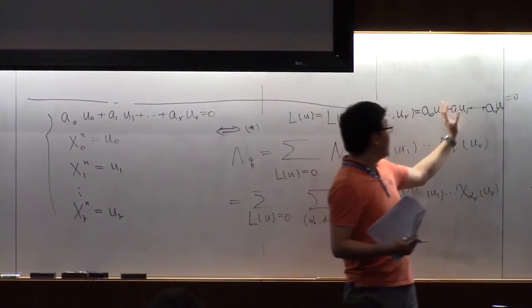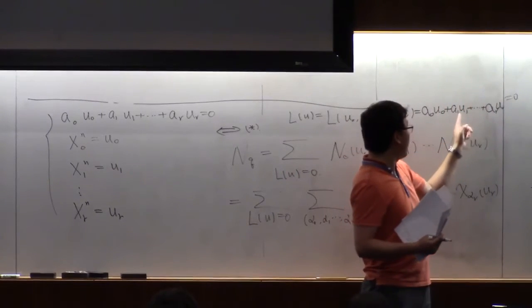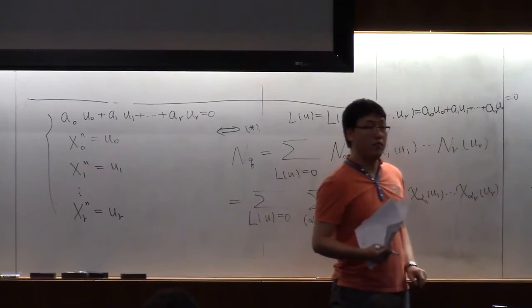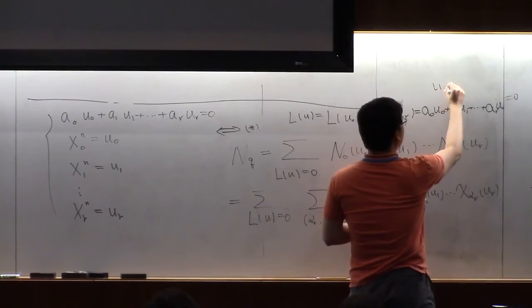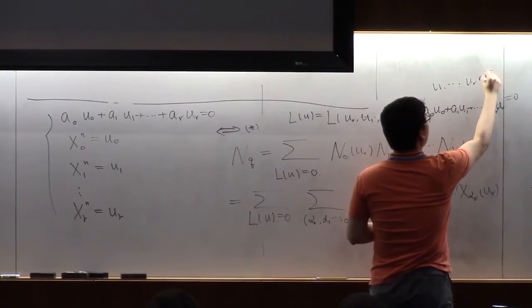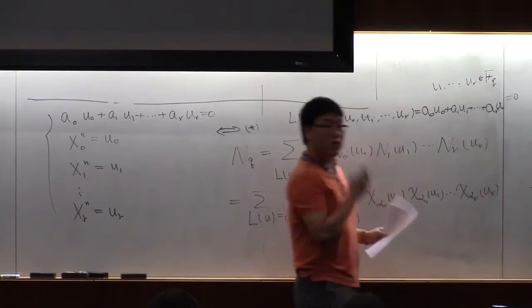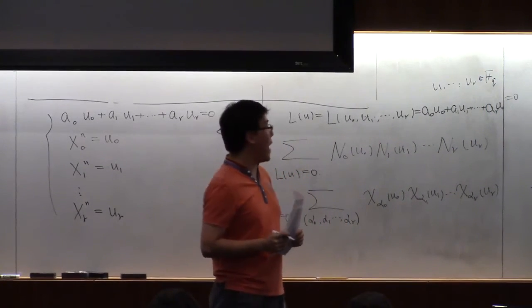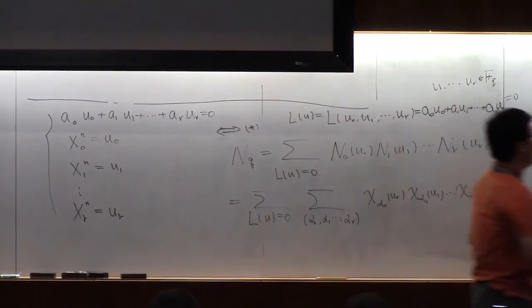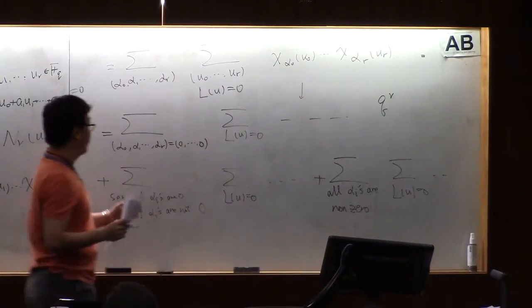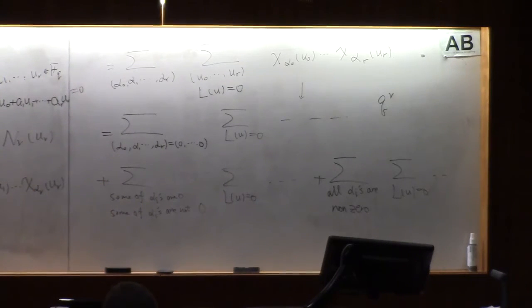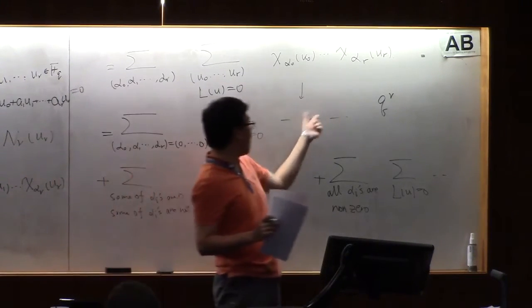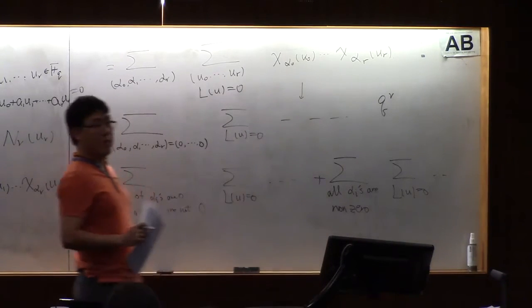On the other hand, there is no more restriction on the values of u1 to ur. They can take values in the finite field with q elements. So in total, you should have q to the r solutions to this linear equation. In other words, you have q to the r in the first sum.